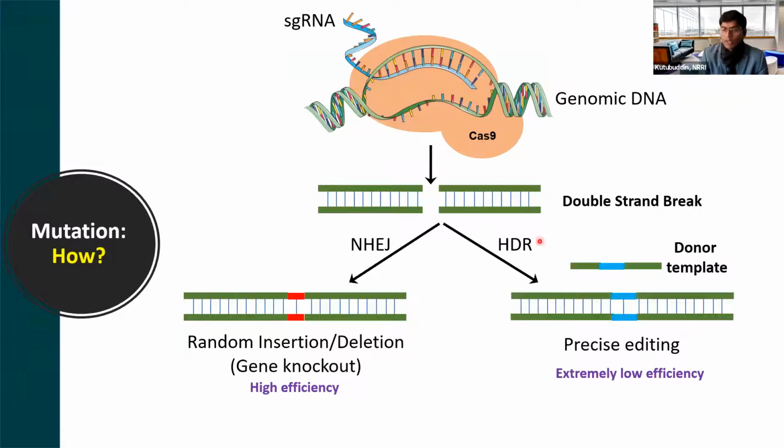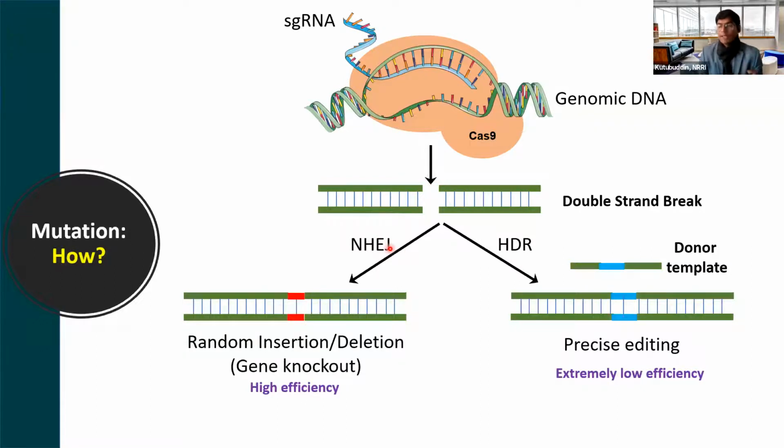The answer is here. Whenever there is a DNA double-strand break, the cell treats this kind of break as a very serious threat because it's genetic material, okay? So the cell immediately tries to repair that double-strand break. And there are two pathways. One is NHEJ, which is the predominant pathway. The cell, in most cases, applies this pathway to religate the broken ends, okay?